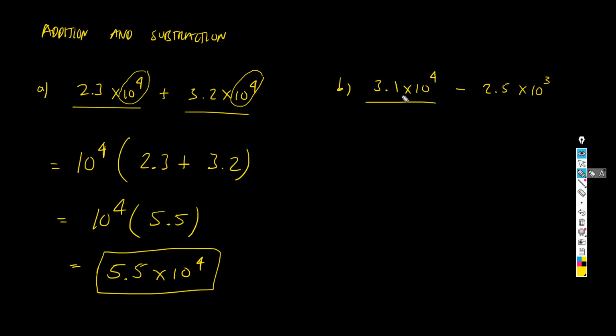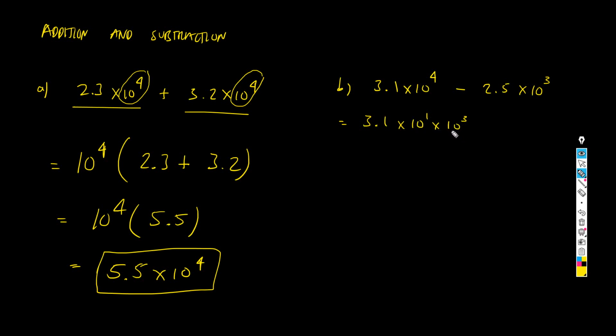You can look at this exponent, 10 to the 4, and you can see right away that 10 to the 4 can be written as 10 to the 1 times 10 to the 3, right? 10 to the 4 is equal to 10 to the 1 times 10 to the 3.